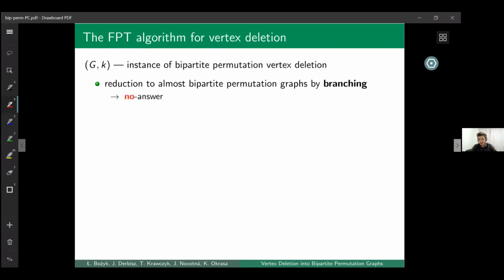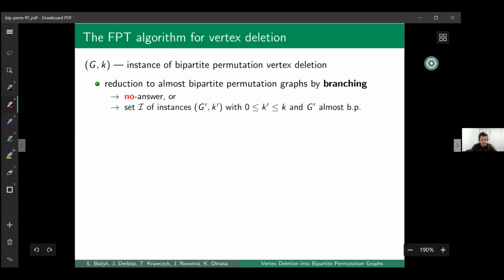Either in all branches we run out of budget and still have some forbidden structures, one of the 9 graphs that are forbidden for almost bipartite permutation graphs, the small cycles and the other ones, or we get a set of instances which are on the whole equivalent.